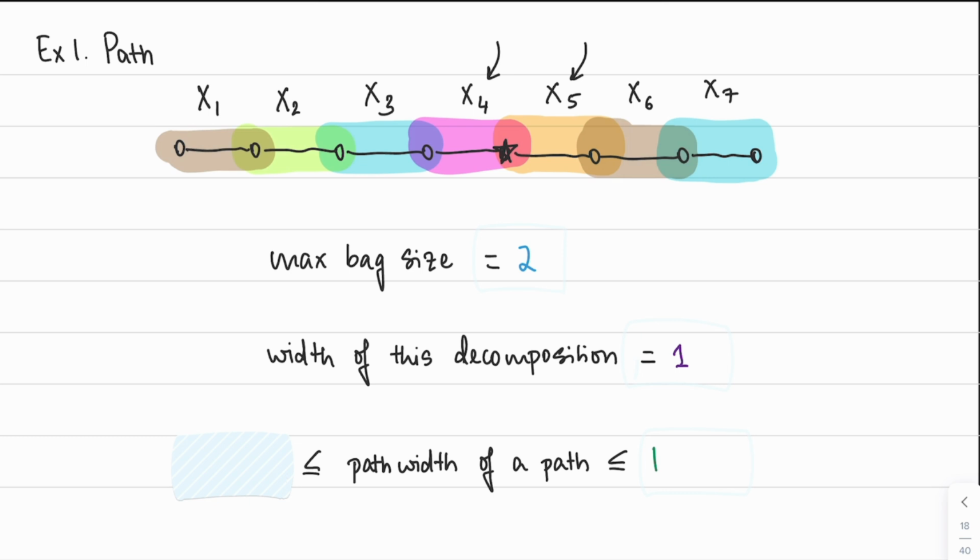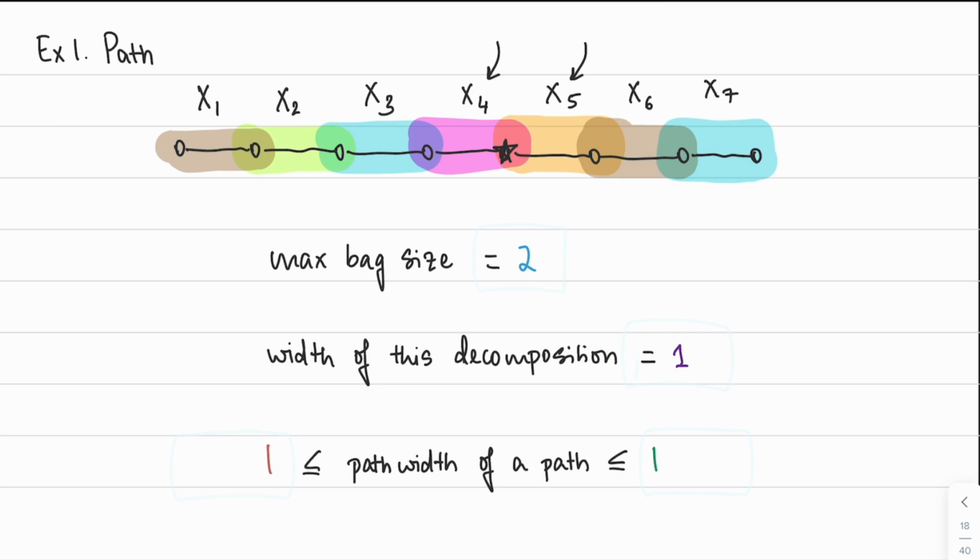And notice that any graph that has even one edge in it must have path width at least 1 as well, because that edge has to go into some bag, and that bag is going to therefore have at least 2 vertices, and therefore the overall width of any valid path decomposition cannot be less than 1.